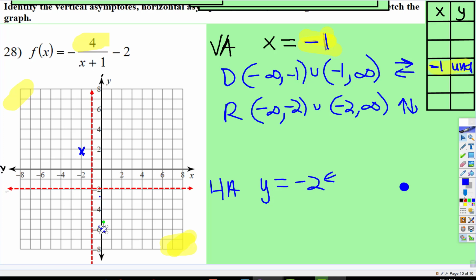And then when we draw the graph, you just need to remember that we're still really close to the asymptote, but then it's stretched. So it's not going to make that elbow turn.